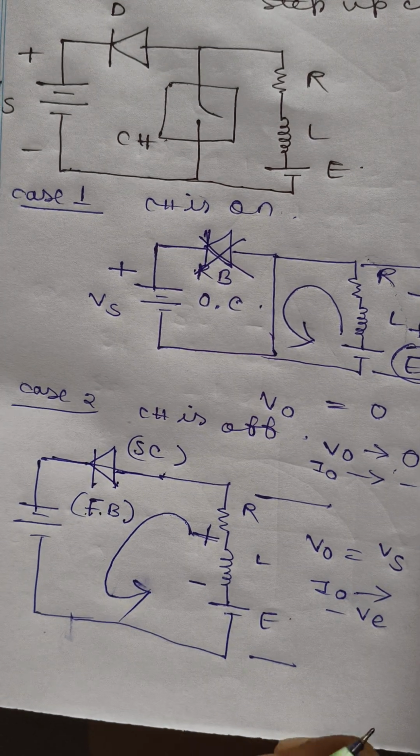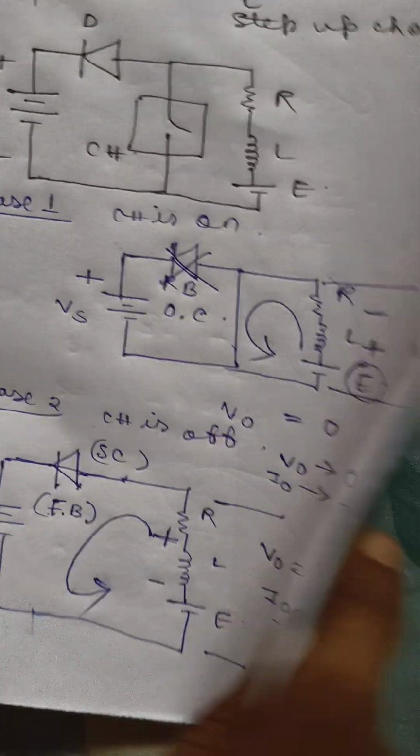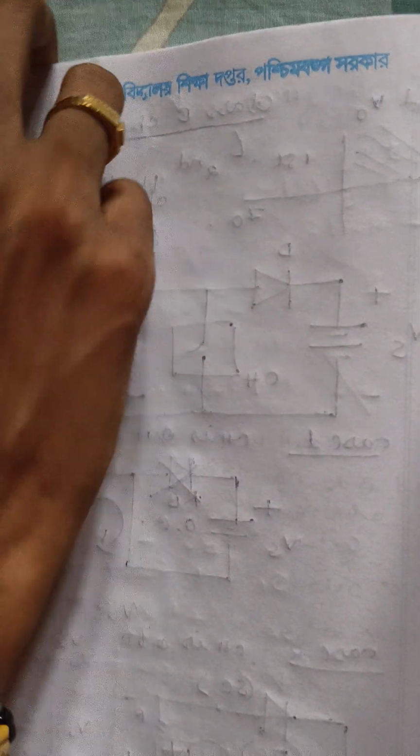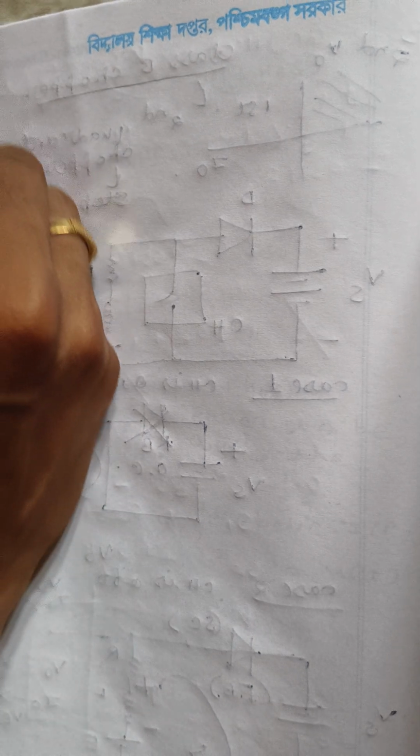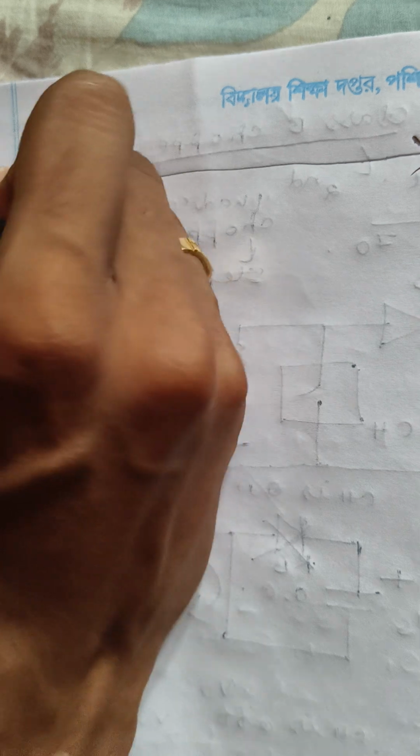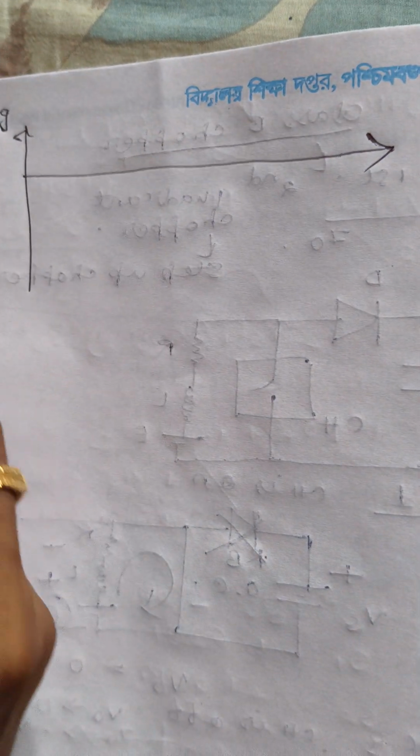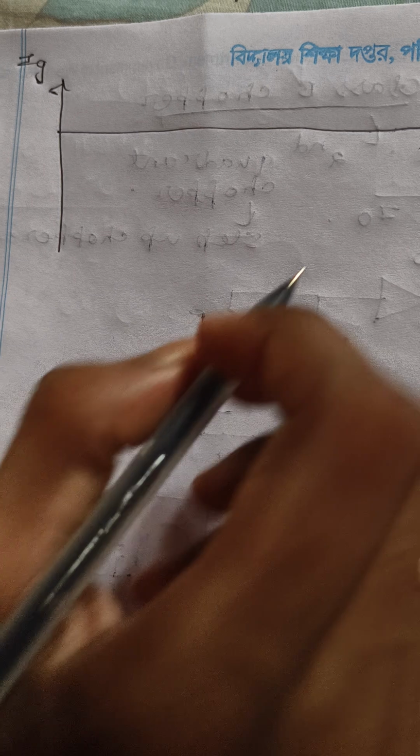So let us draw the charging and discharging waveforms related to this. At first we are drawing the gate pulse, that is Ig. The switch is nothing but the SCR, so to turn on the SCR, the gate pulse is required.